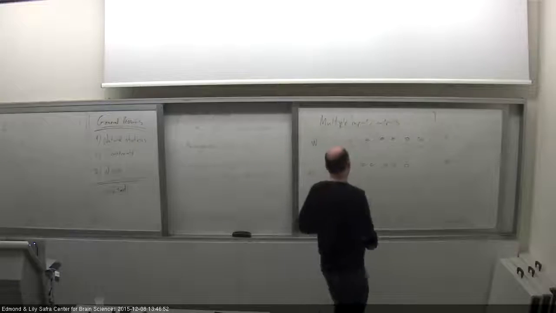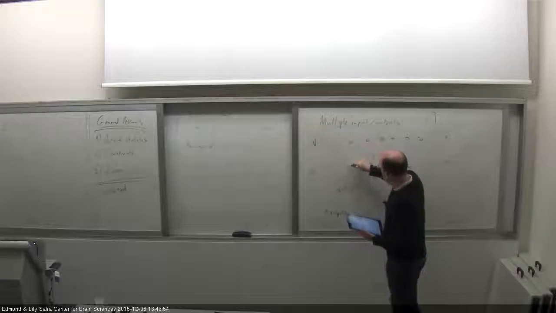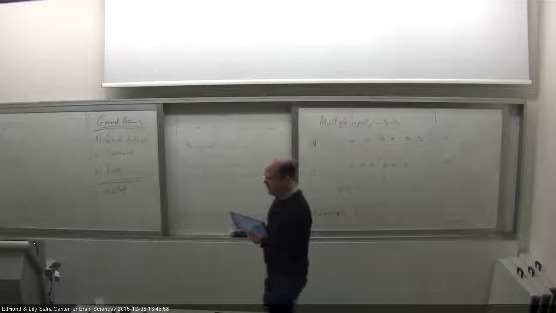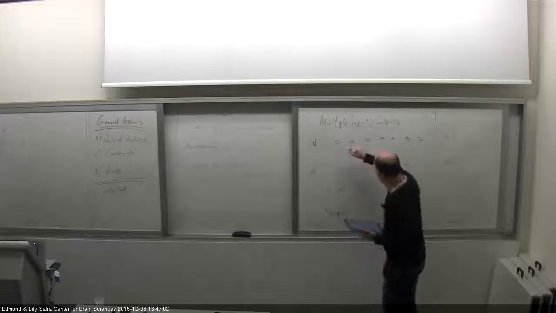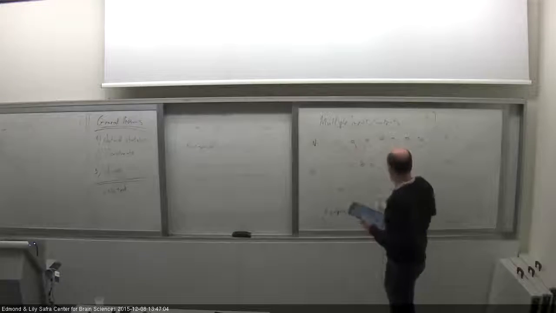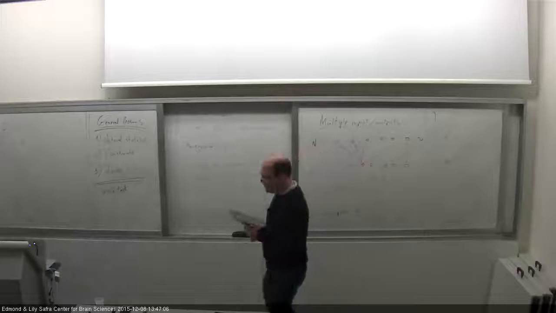So this particular neuron will just sum up inputs with some weights, and another neuron will sum up the inputs with some other weights, right? And so these weights, we will call them Wij.